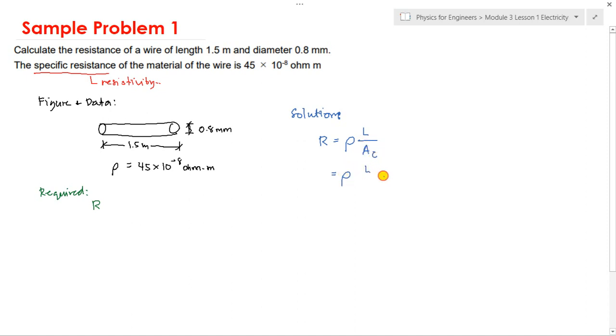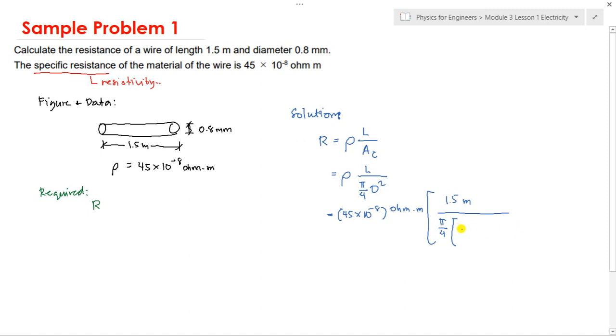And we know that since this is a cylindrical wire, so the formula for its cross-sectional area is the circle, pi over 4 d squared. Then substituting the given values, we have 45 times 10 to the power of negative 8. This is ohm meter. Then the length of the conductor is in meters, that is 1.5 meters, divided by pi over 4, and here the diameter is in 0.8 mm.